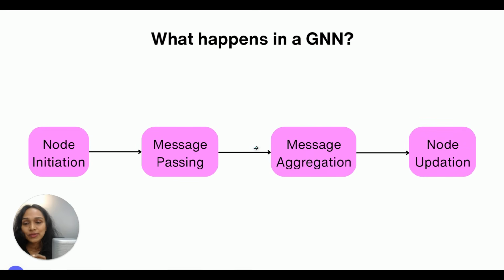So let us summarize what happens in a graph neural network. First, the graph neural network initiated the nodes by converting the features into nodes, and after that all the nodes passed their features to their neighboring nodes, which is called message passing, and after receiving, all these nodes calculated the aggregated messages, and after that they updated their nodes.